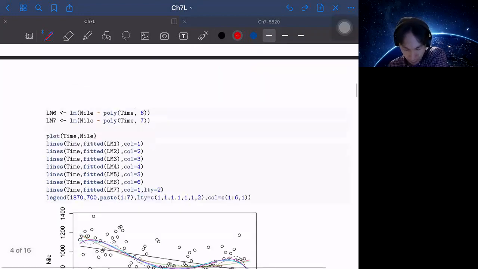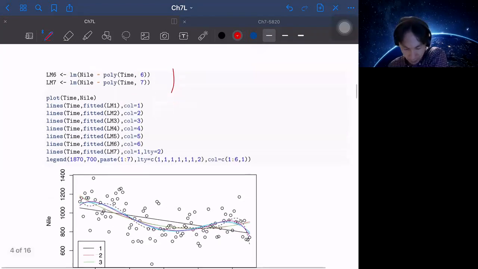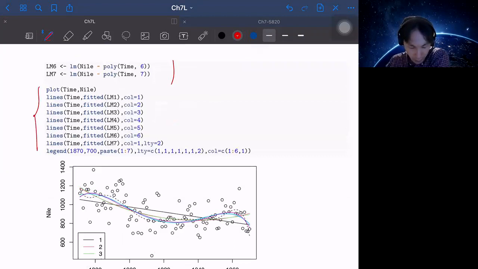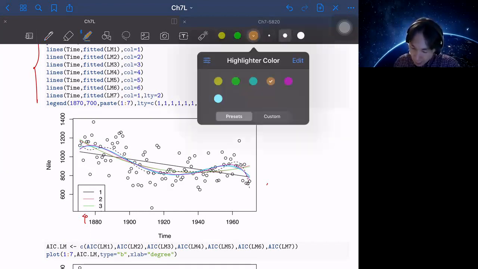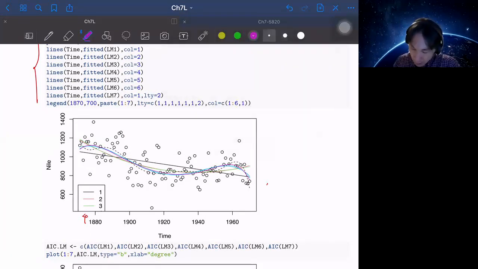Okay, so these are polynomial, also polynomial 6, 7, and I just overlaid those 7 figures here. So yeah, the legend isn't really in the pane, but the black one is just a straight line, and the red one is a quadratic curve. So it's really hard to see, but the red curve probably comes here, right?